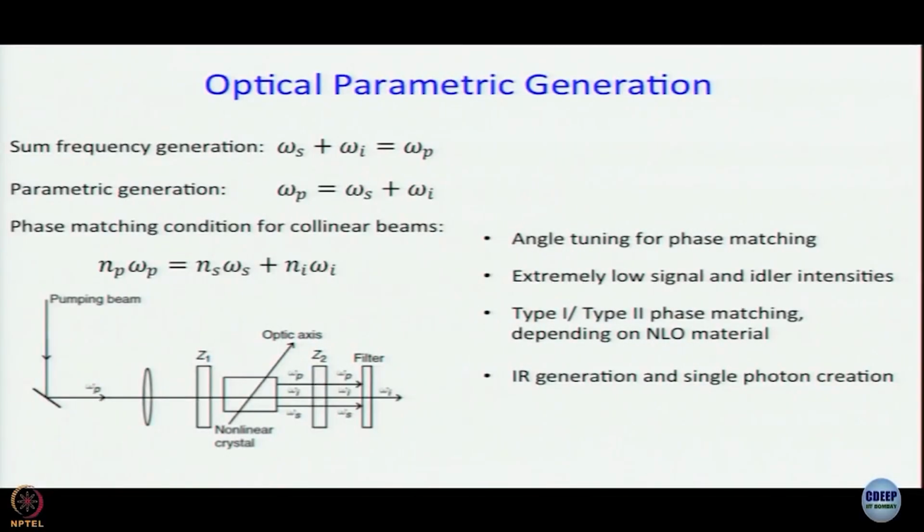So, one application that we are not really going to talk about here today, but it is a very important application of optical parametric generation, is that many times you want to do experiments in which you generate only one photon. That is done very easily here. Okay? You can do it by angle tuning, you can do it by modulation of intensity and all that. You do it in such a way that at an instant only one photon is produced, and then you do whatever you want to do with it.